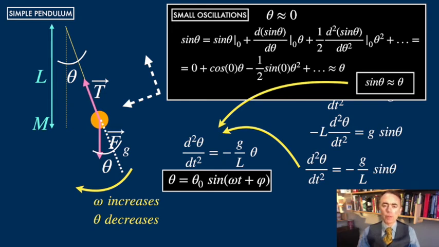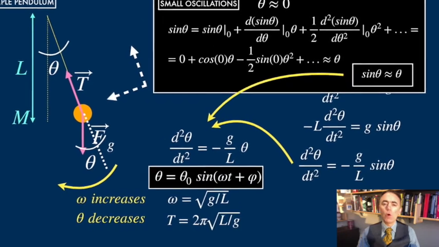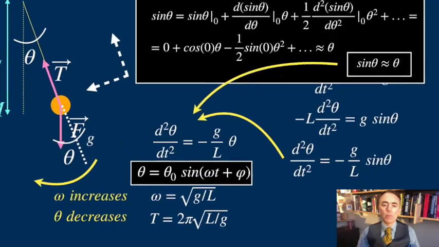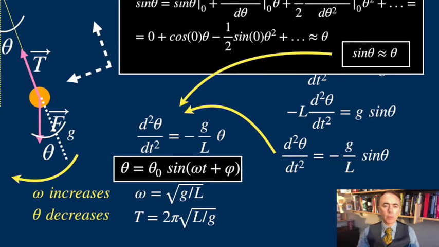Theta equals theta naught times the sine of omega times t plus phi, the equation of a simple harmonic oscillator. You can check that this will have an angular frequency of square root of g over L and a period of 2 pi times the square root of L over g. So the period of the oscillations of a simple pendulum is given by the length of the pendulum and, of course, the gravity of the planet where you are.